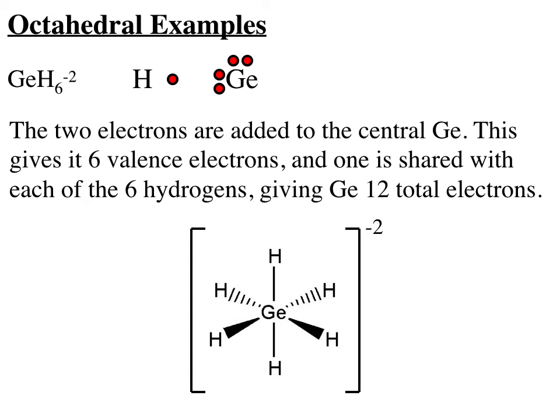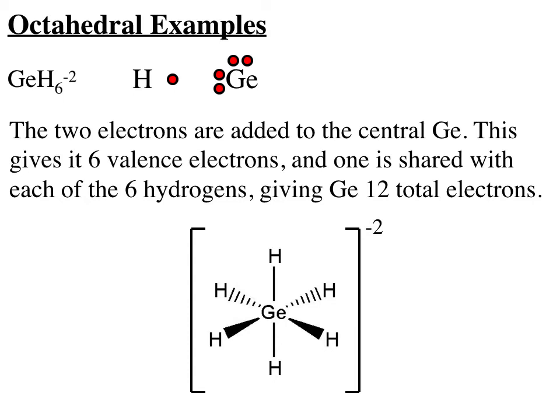4 of those H's will end up in equatorial positions represented by the solid and hatched triangular bonds that you see here, 2 of which are pointing towards you, 2 of which are pointing behind the page. Then above and below that equatorial set will be 2 additional H's, single bonded, as you see by the thin lines representing axial hydrogens.